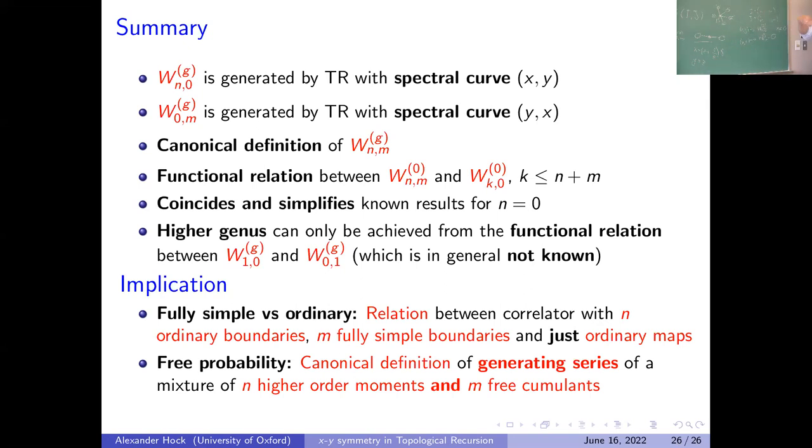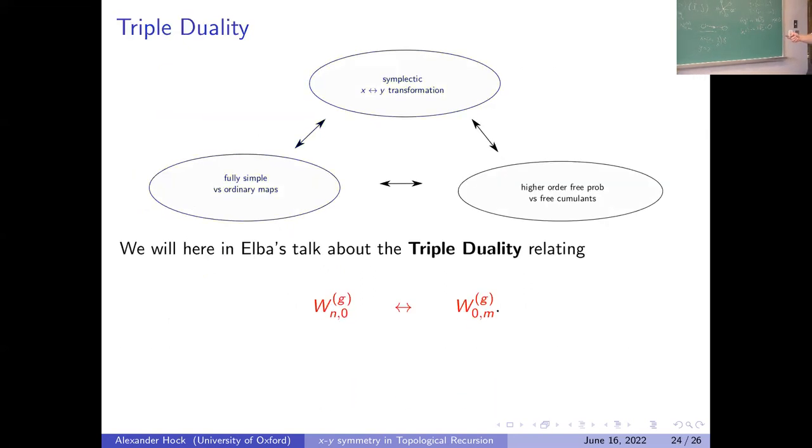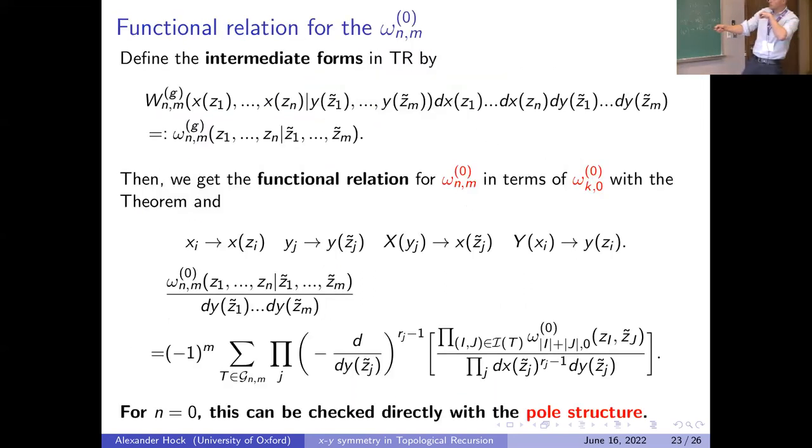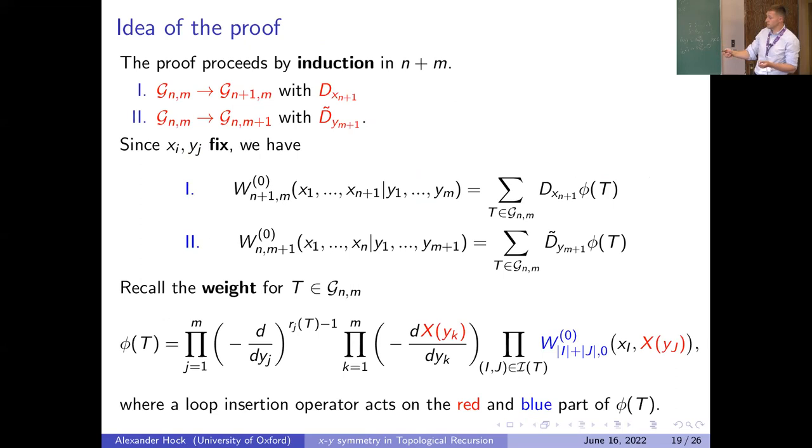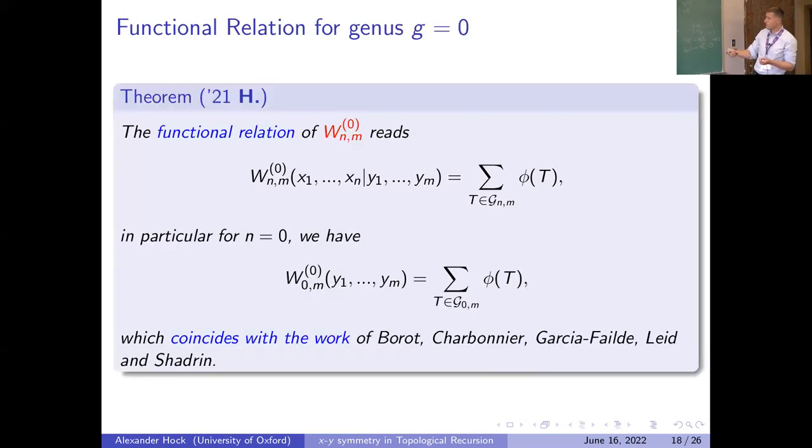Because all this topological recursion stuff needs a ramification point. So it means that this functional relation, this formula here, for instance, or the theorem, let's say, for n equals 0, the left-hand side is just 0. So the right-hand side sums together to 0.